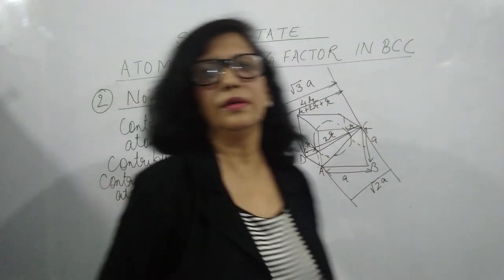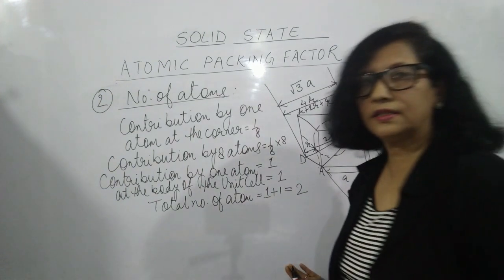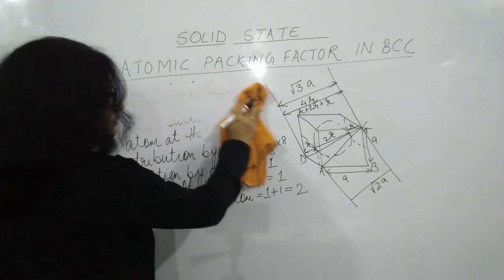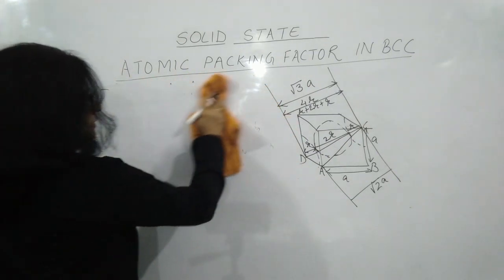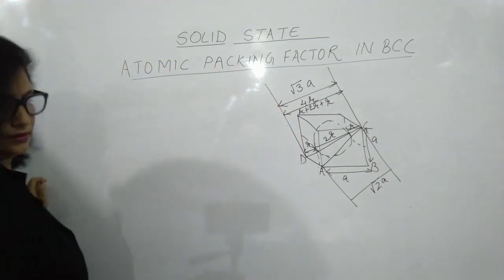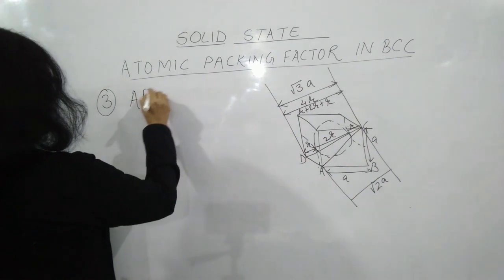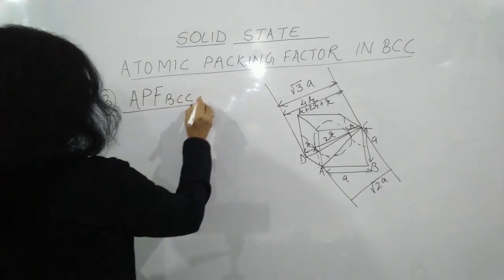Now shall we see the third step? How can we calculate atomic packing factor? Calculation of atomic packing factor. Third step, atomic packing factor for body centered cubic unit cell.